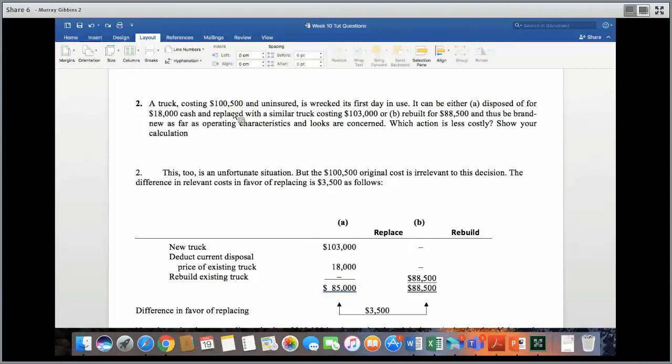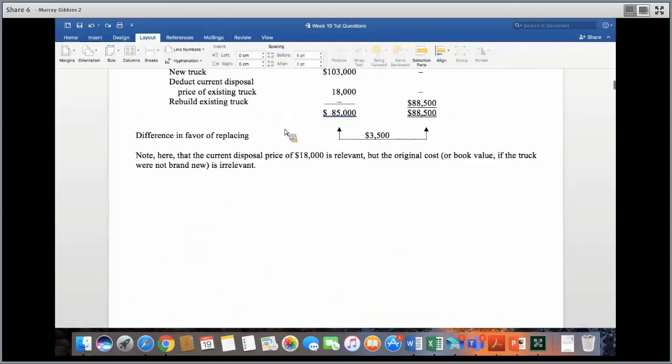So clearly, in this instance, we're better off buying the new truck. You can't do anything about the fact that the old truck was worth $105,000 and it's uninsured, gone, sunk. Too bad. Doesn't affect the current. What's in front of us right now is this decision. Either spend a further $85,000 or spend a further $88,000. $85,000's better, so run with the replace option.